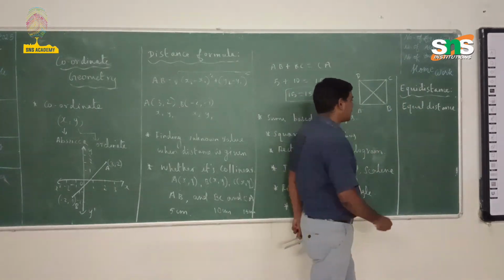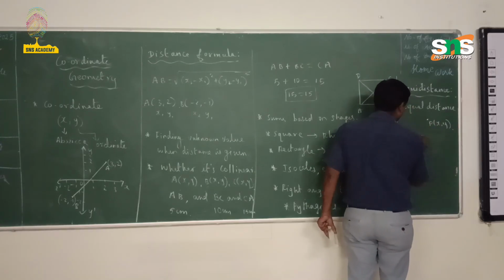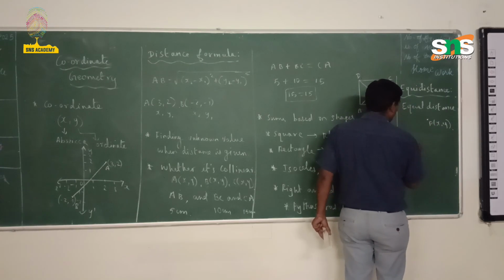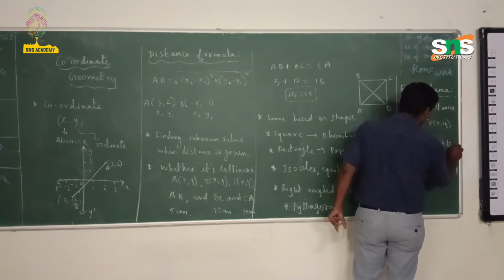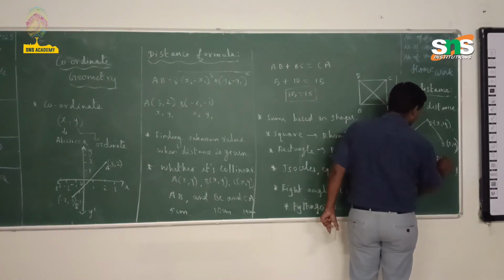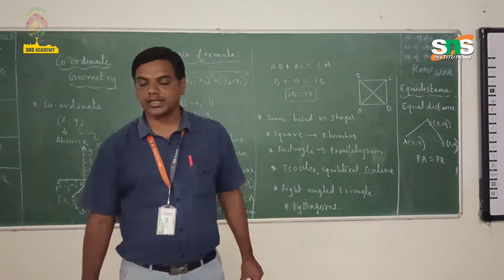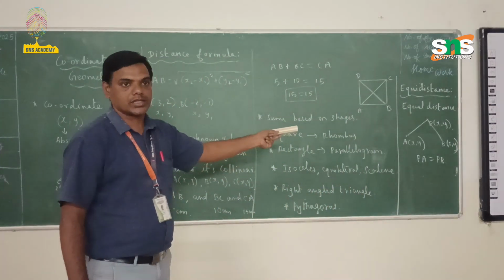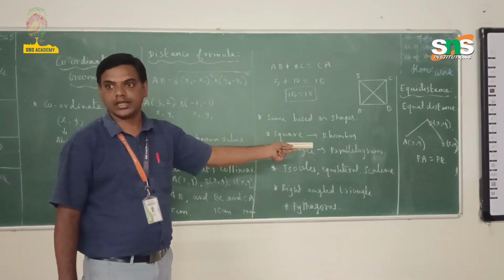So in equidistance, you will have a point P of x comma y, and one more point A of x comma y, and B of x comma y. So PA will be equal to PB. PA is equal to PB. That is called equal distance. Based on that, we'll have a few more points on how to find equal distance.